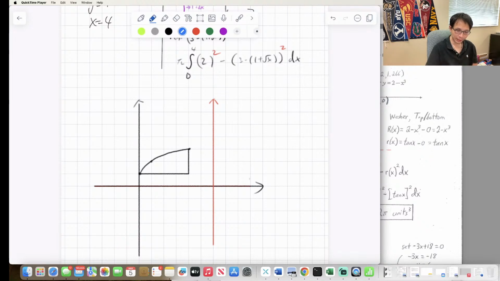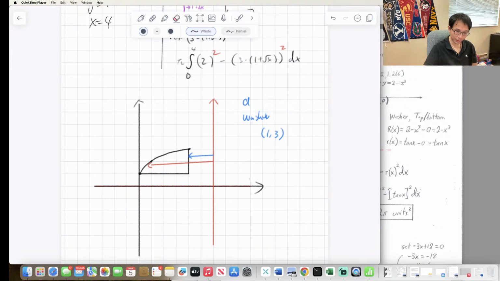So this is the first line, and you're going to stop right here, and you're going to go to the second line. You're going to draw it all the way from here to here. Now this one's changing. The first one's not. So first of all, is this dx or dy? Dx, right? Is it disc or washer? Washer. What's the boundary? 1 to 3. Good.